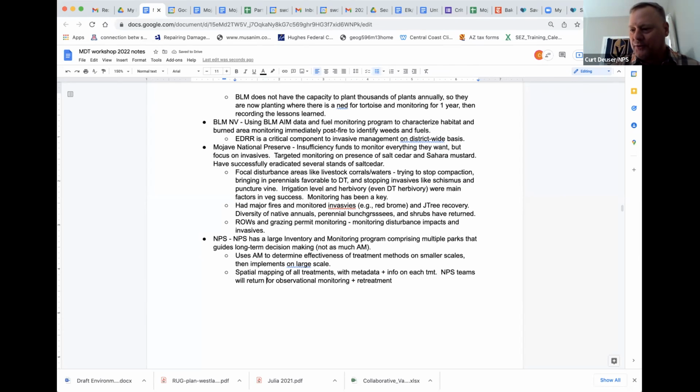It's also available for researchers like Scott Abella here. He's tapped into the Park Service's National Invasive Plant Database and evaluated, on a large scale across the country, the effectiveness of invasive plant control by just using the spatial data. So it's available for determining effectiveness through the long term.